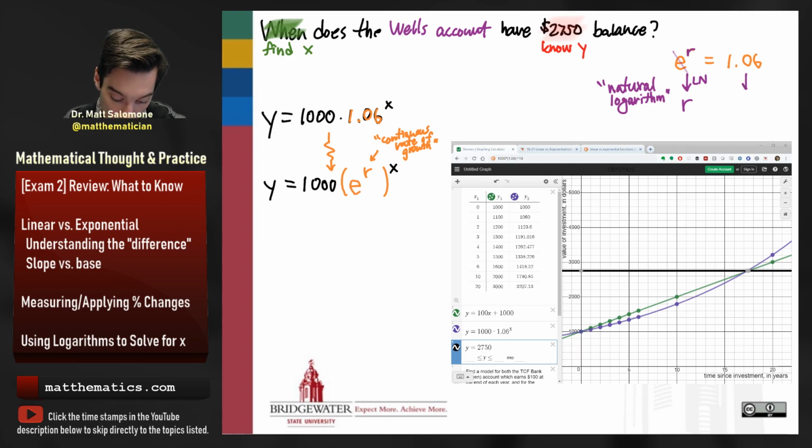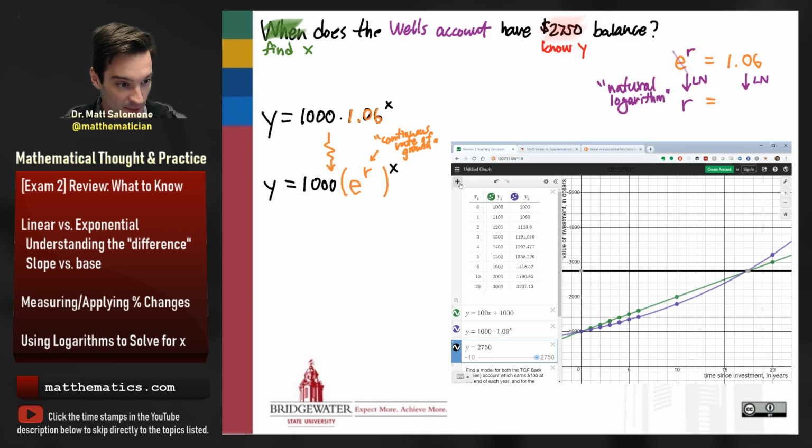And so what I want to do here is take the natural logarithm of both sides of this equation. On the left-hand side, it has the effect of rescuing my exponent from the base of e that it's wrapped up in. And on the right-hand side, it has the effect of replacing 1.06 with the natural log of 1.06.